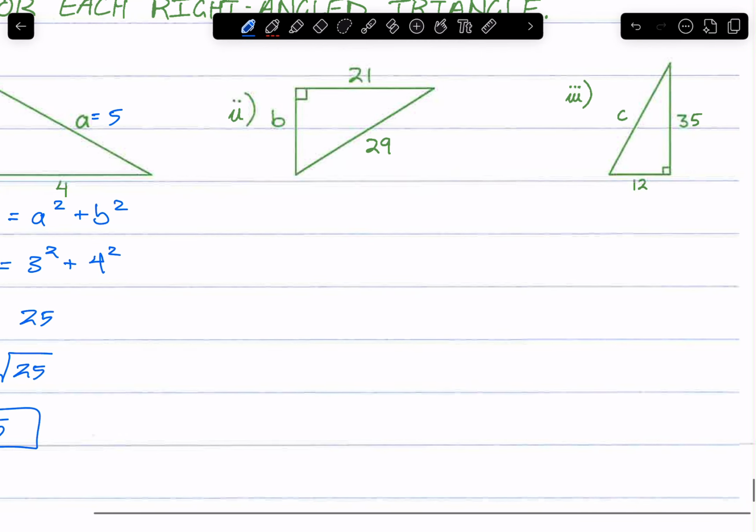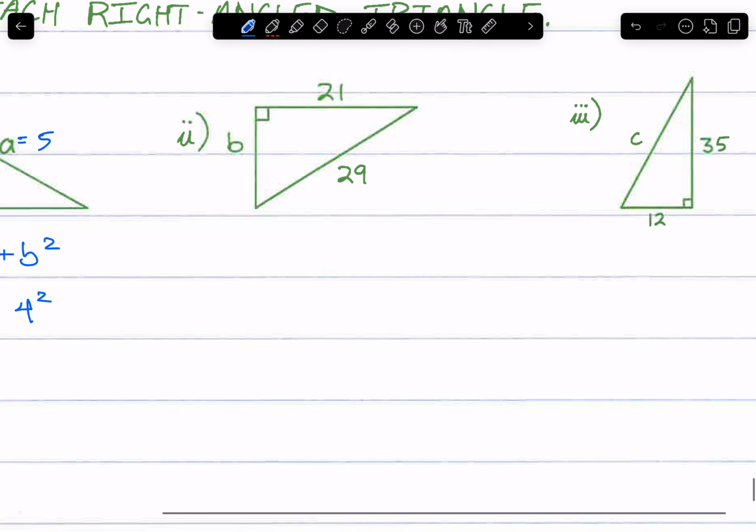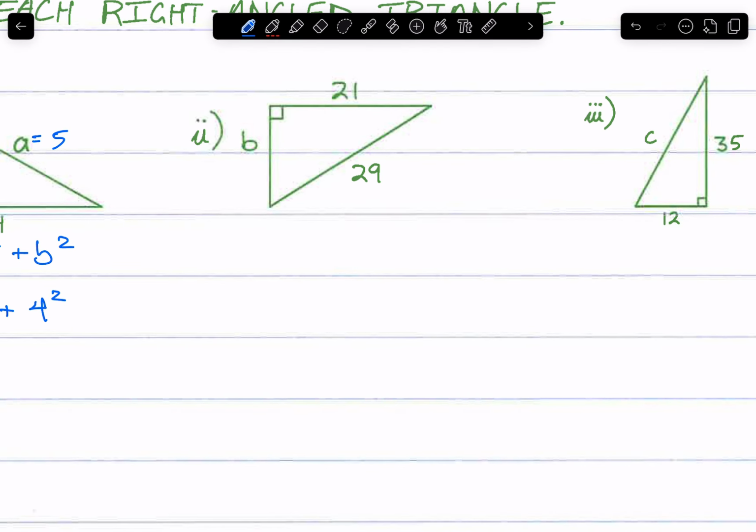Now let's take a look at our second problem here. Once again, always beginning with our formula, c squared equals a squared plus b squared. We can see from here, 29 is our hypotenuse. So 29 belongs here in our formula.